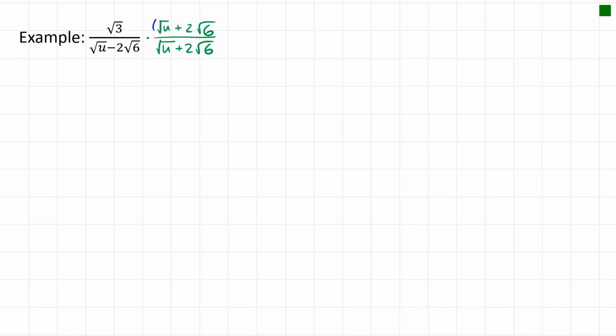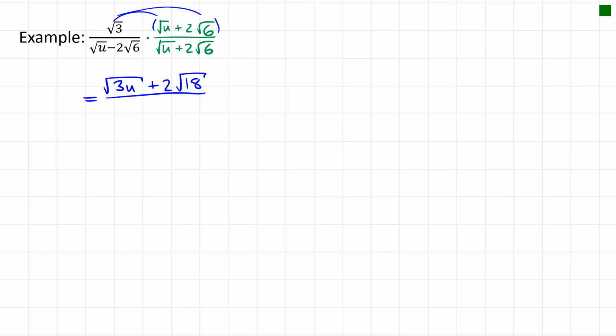And now we multiply away. So I'm going to be multiplying the top first. So that would be root 3 times root u is root 3u. And root 3 times 2 root 6 is 2, and then 3 times 6 is 18, root 18. That's going to be simplifiable, so I'll do that in a bit though.